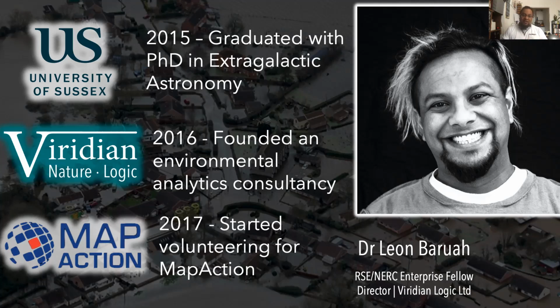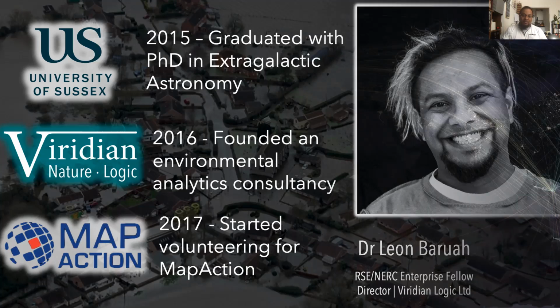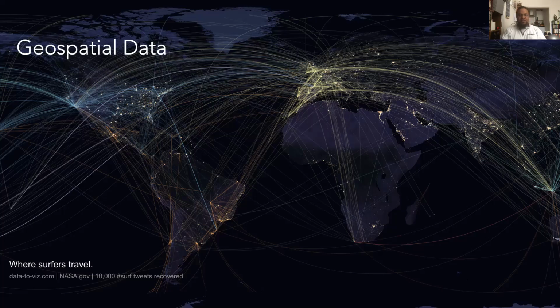So let's start off by talking about geospatial data. This is just going to be a high-level look at data rather than tools. The map that you see in front of you is just a travel map of surface coloured by where they're from and where they're travelling to.